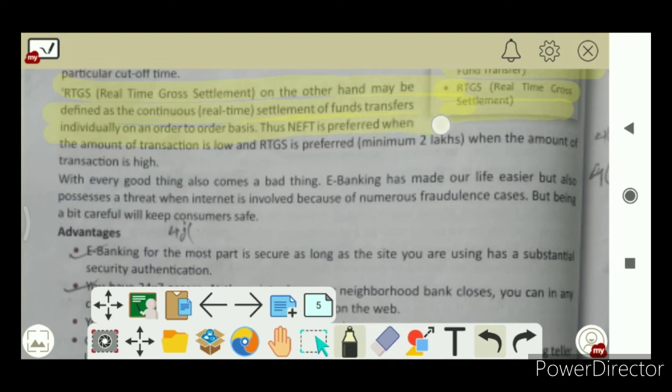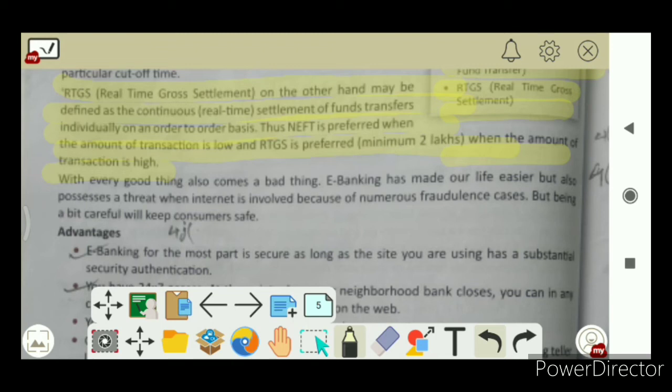Thus NEFT is preferred when the amount of transaction is low, and RTGS is preferred, minimum 2 lakhs, when the amount of transaction is high. It means if you want to transfer less than 2 lakh, you can use electronic fund transfer, but if you want to transfer 2 lakh or more, you will have to use RTGS.